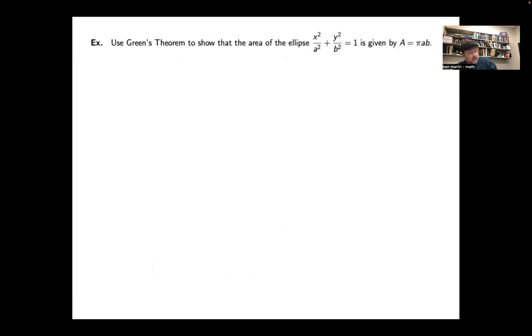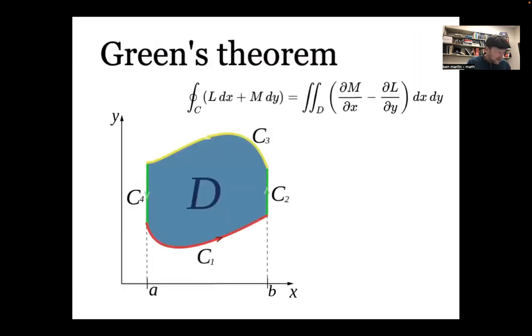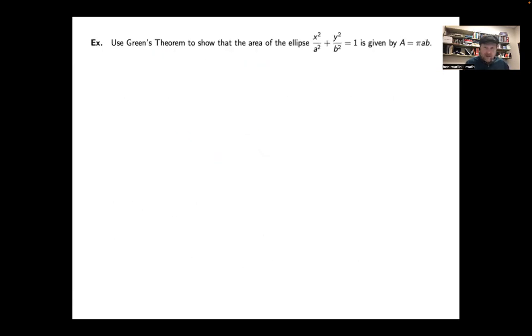Either it's a double integral that you can trade in for a line integral that's simpler, or you have a line integral that's super complicated, but when you calculate the M sub x minus L sub y, you end up getting something that's a lot easier, okay? So in this particular case, we've got an illustration about finding areas.